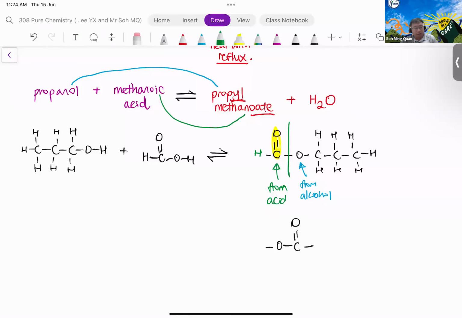Always remember, the single bond O comes from the alcohol. So in this case, a 3 carbon alcohol.